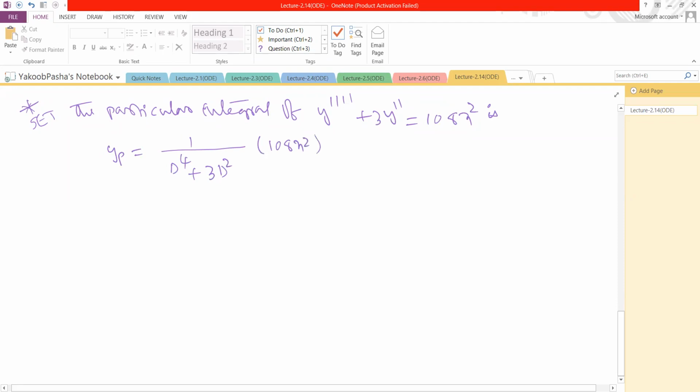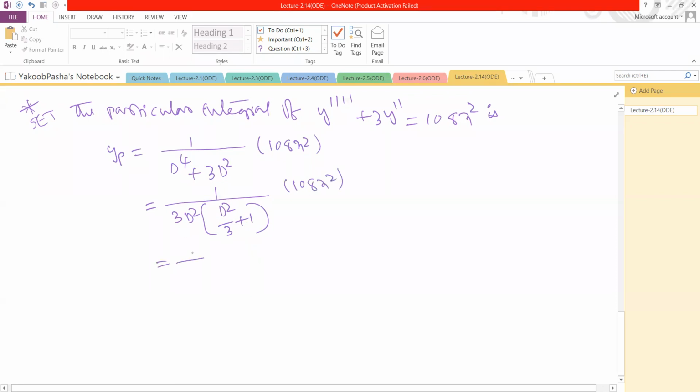So this is equal to, we can take 3D square as common in the denominator. So we have D square by 3 plus 1, of 108 x square.